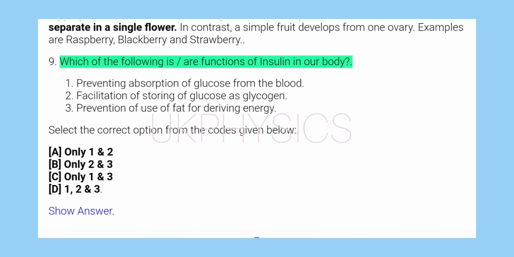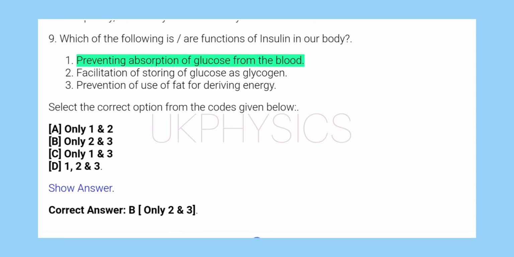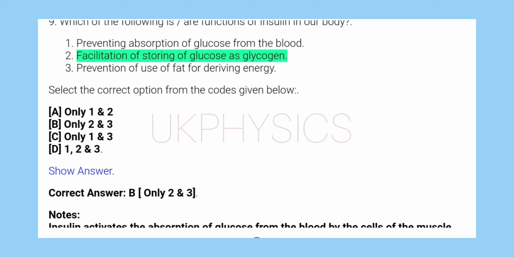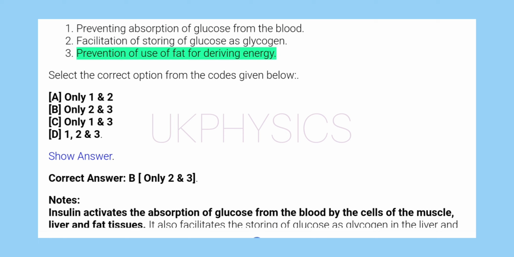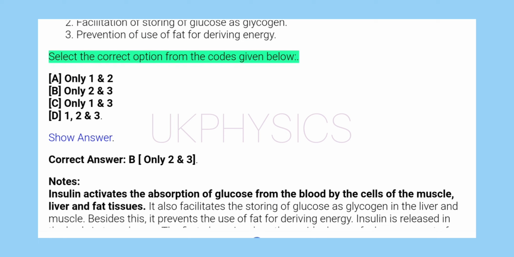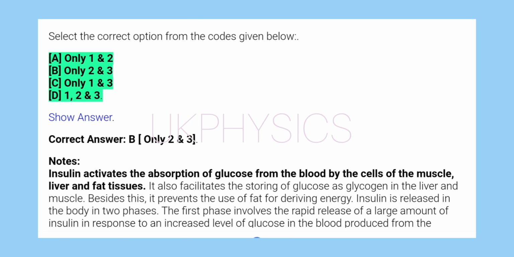Which of the following are functions of insulin in our body? 1. Preventing absorption of glucose from the blood. 2. Facilitation of storing of glucose as glycogen. 3. Prevention of use of fat for deriving energy. Select the correct option from the codes given below. A. Only 1 and 2, B. Only 2 and 3, C. Only 1 and 3, D. 1, 2 and 3.